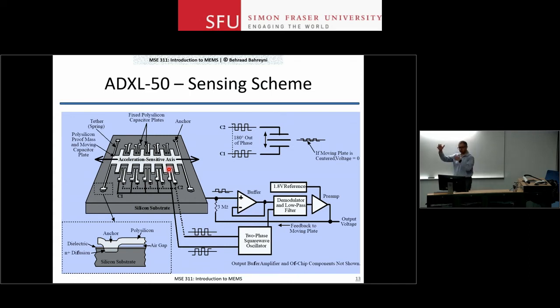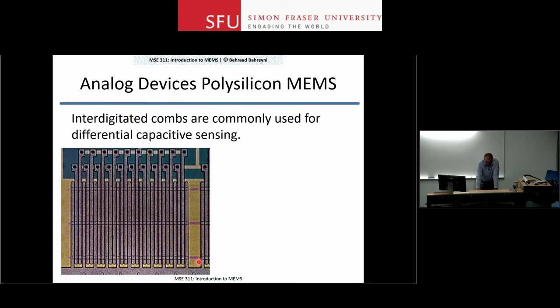One C goes up, one C goes down, and you make a differential measurement that way, like this situation shown here. So this is your moving finger, and these are the two fixed electrodes. And then the rest of it is just an amplifier and then a demodulator circuit, which we will talk about, as I mentioned, in a few lecture videos.